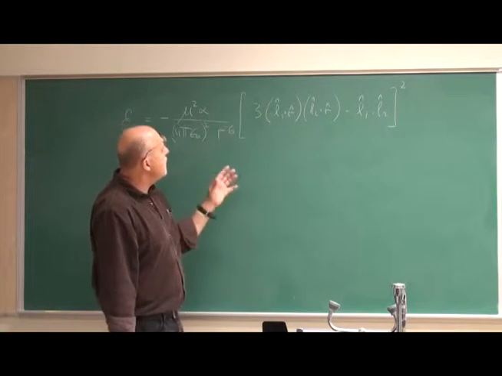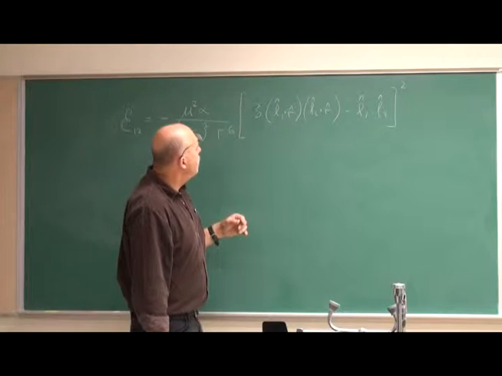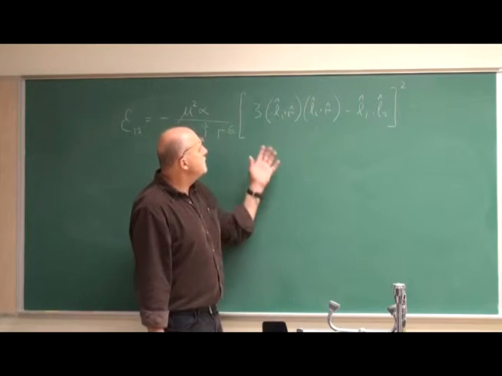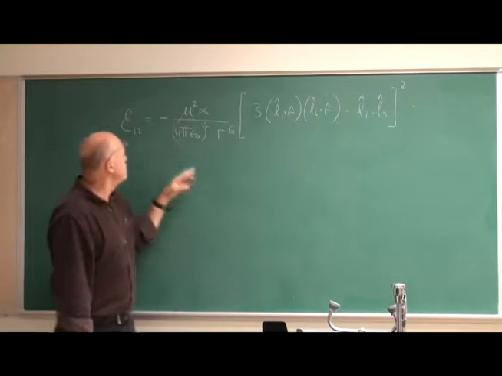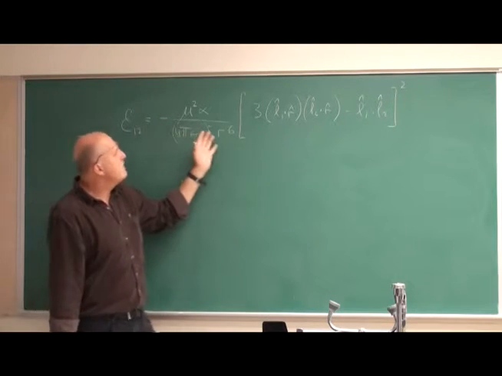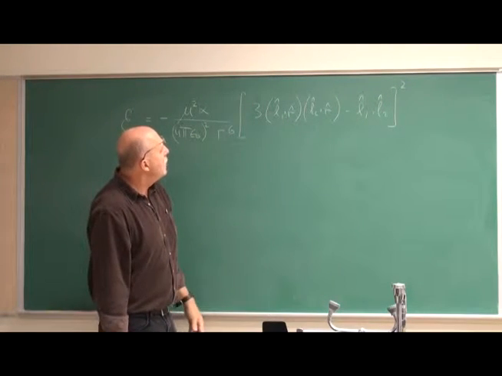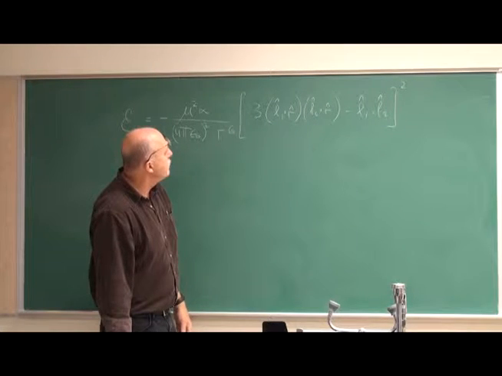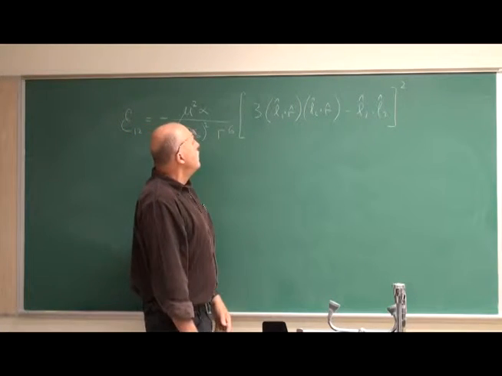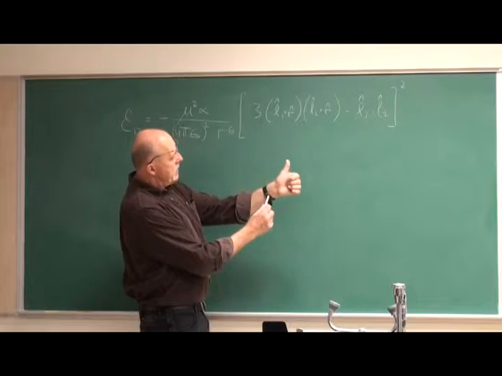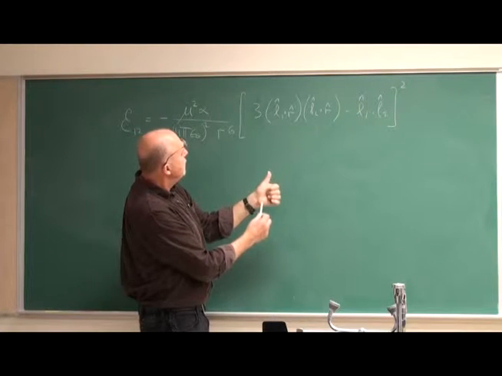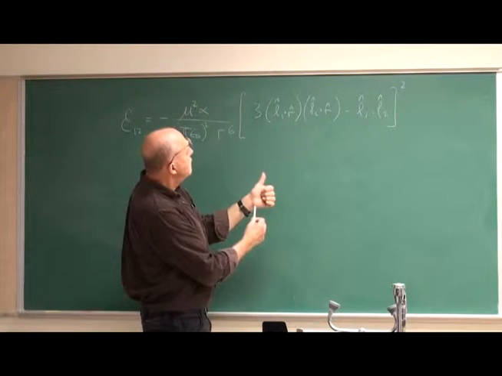And you can sort of see how this works, that to make this as big as I can, this is negative, right? To make this as big as I can, I want them to be parallel, right?